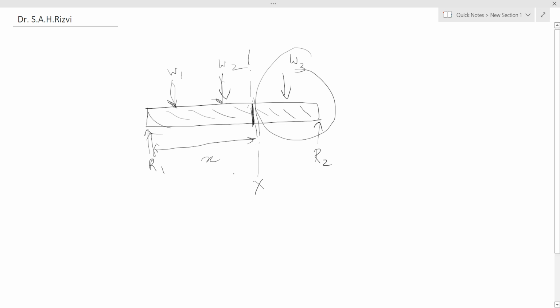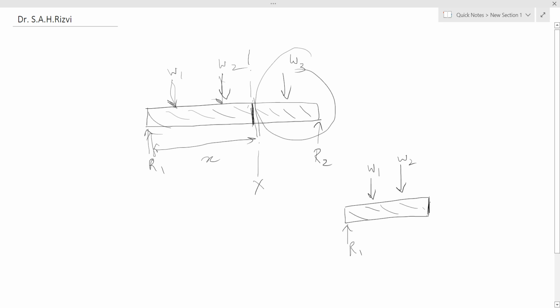If we are cutting this section on the left hand side and we are drawing it here, this is reaction R1, this is load W1, and this is load W2, and at this point we have cut the section.